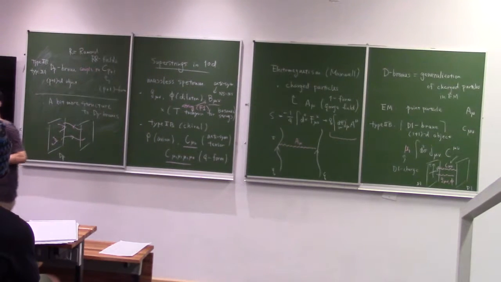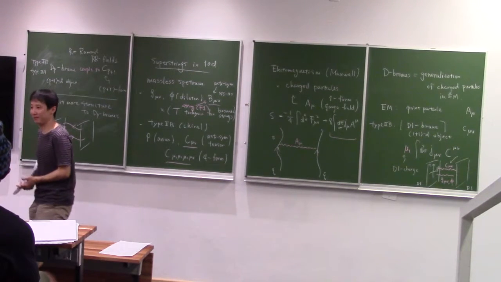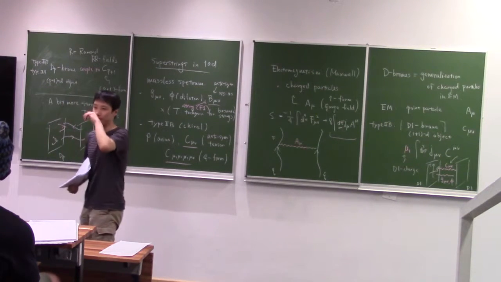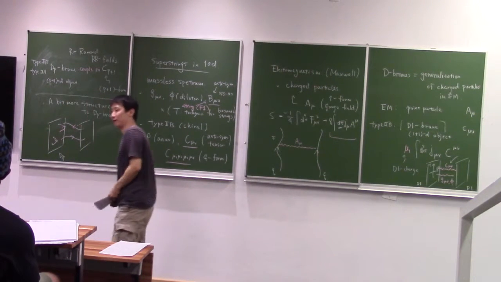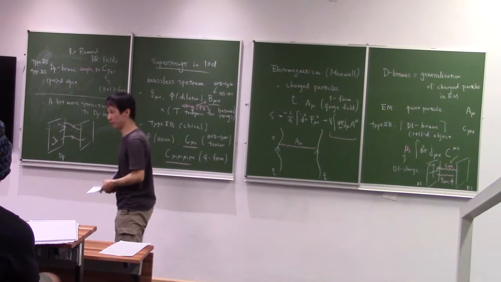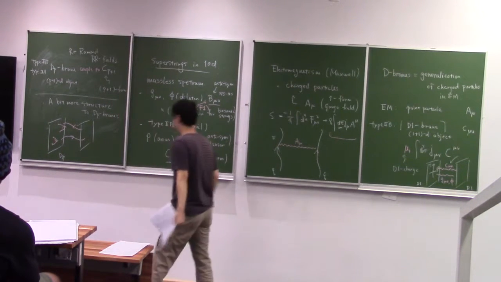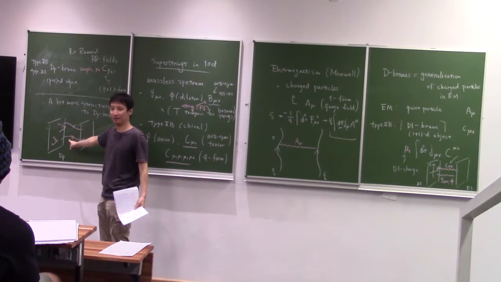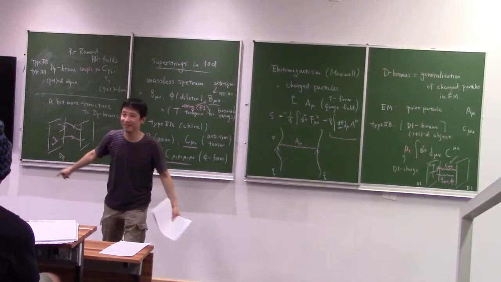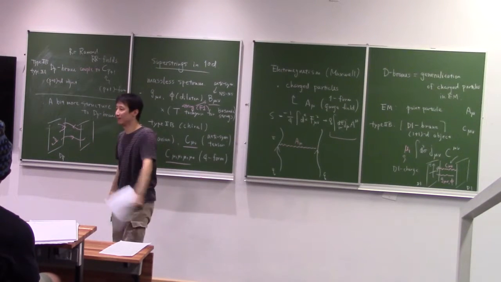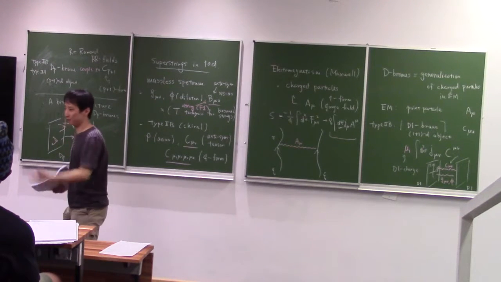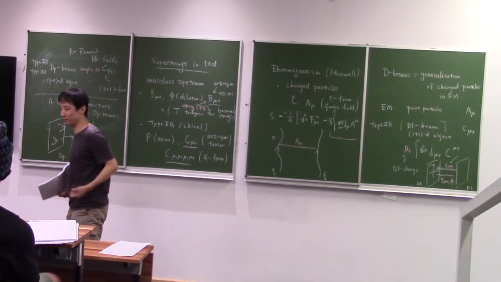You study super Yang-Mills, yeah. Super Yang-Mills comes from where? Branes, yes. Super Yang-Mills comes from branes. It's a low-energy effective theory of these D-branes. Okay. So to have super Yang-Mills, what degrees of freedom do you have?